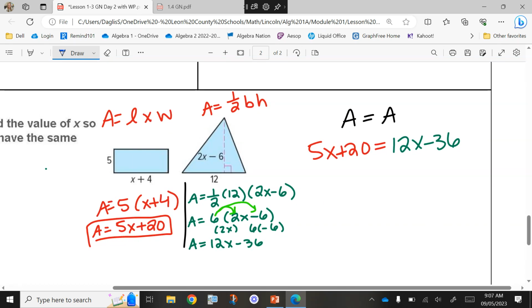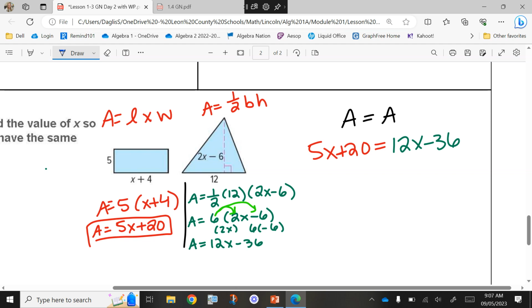Have I lost anybody? You can tell me if I have, because when you get lost, that's when you're really quick to just shut down, and I just don't want that to happen. Okay? So it asked me to find the x value to make both areas equal to each other.